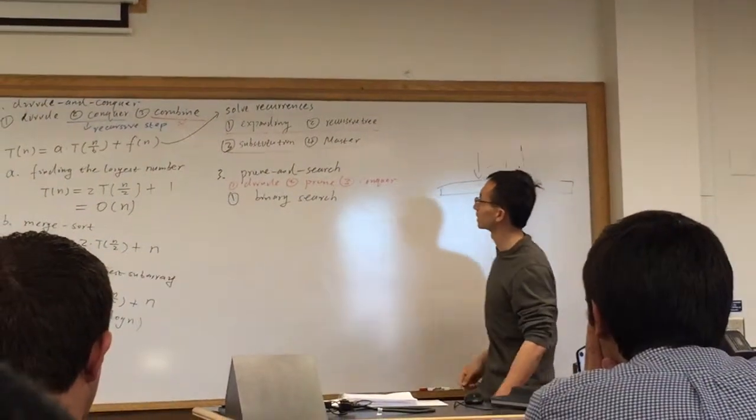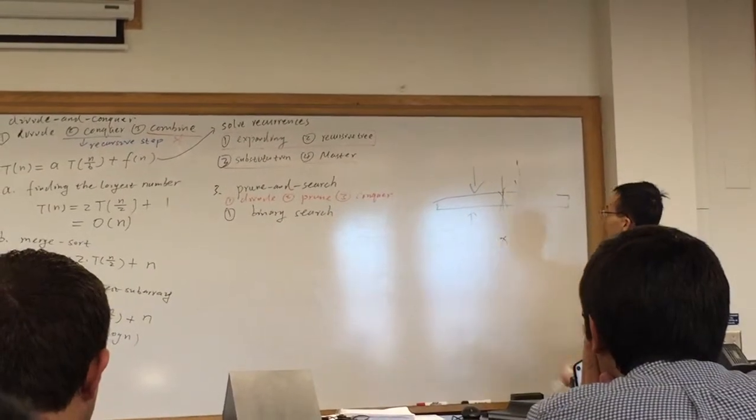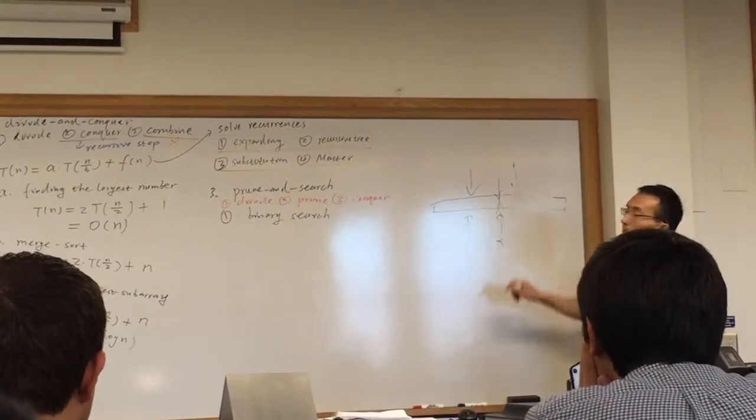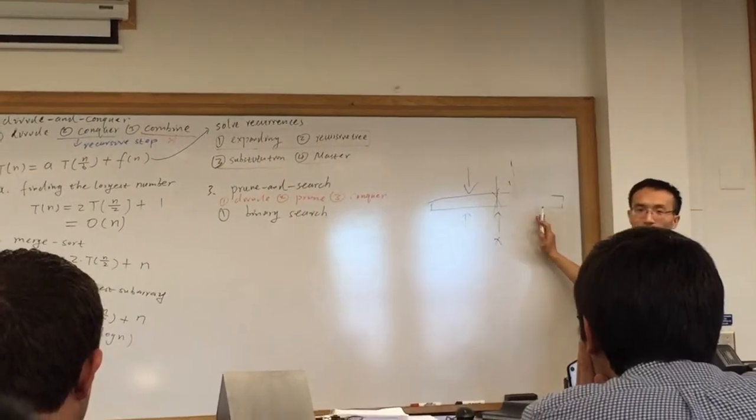For binary search, it's easy. If you are looking for number x, you compare x with the middle, and depending on the result, you go to that half.